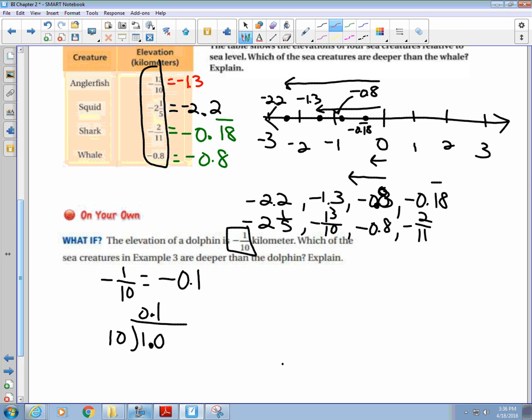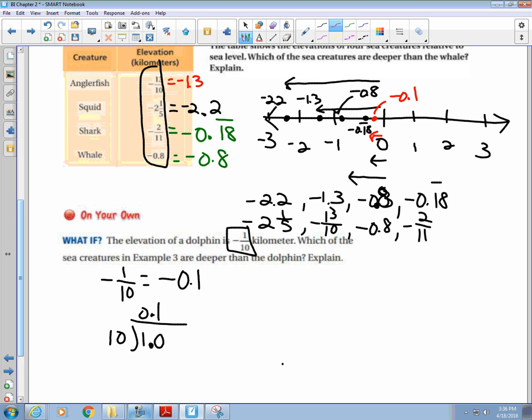So if we start at 0, that means we're going to go 0.1 to the left. And 0.1 to the left is very close to 0, and not as far as the negative 0.18. Negative 0.18 is smaller, further to the left than negative 0.1. So that one's going to go somewhere in about here. And this would be negative 0.1.